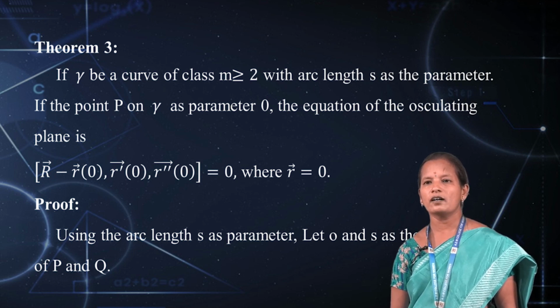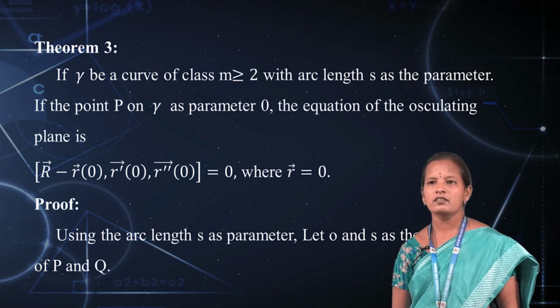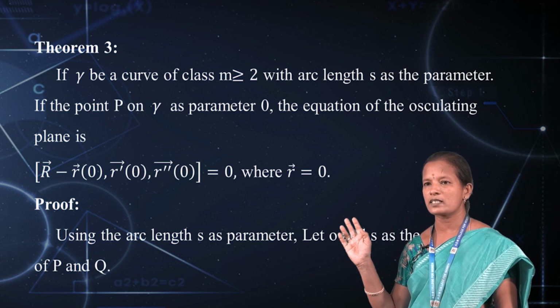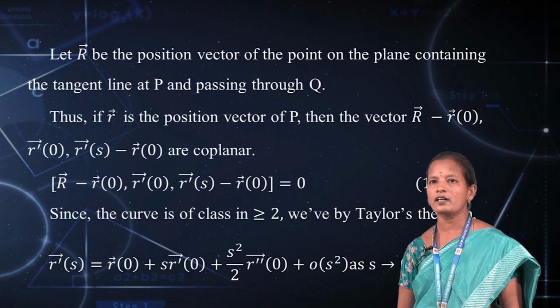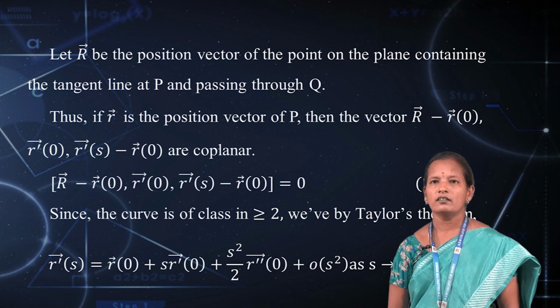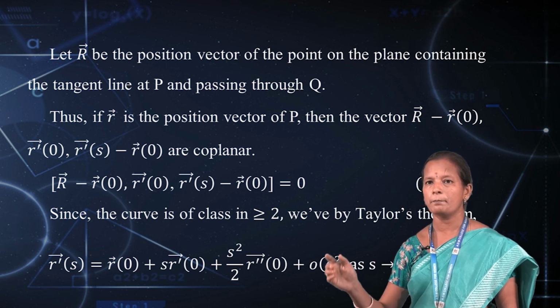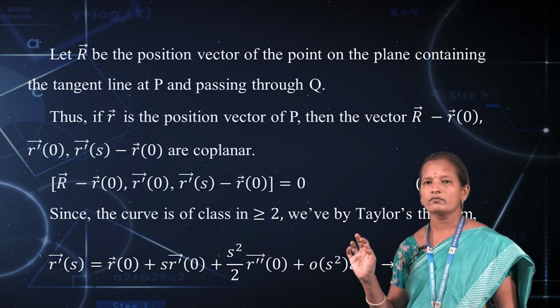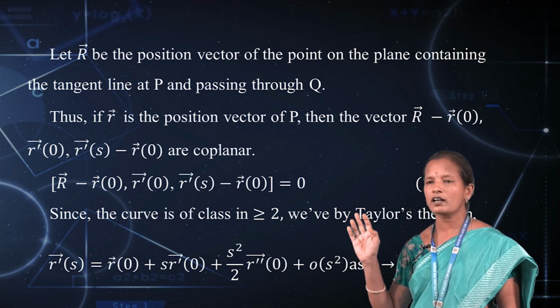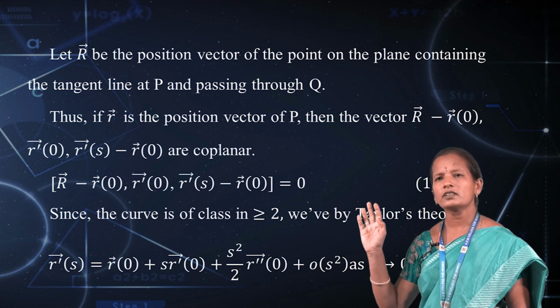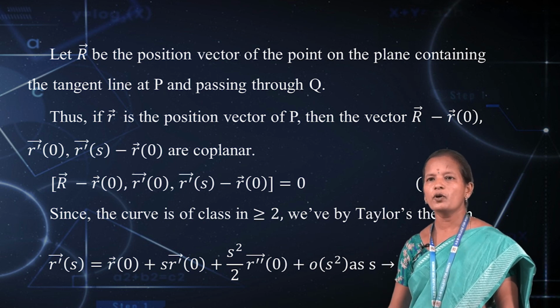Proof. Using the arc length s as parameter, let 0 and s be the parameters of P and Q. Let capital R vector, as you already know, be the position vector of a point on the plane containing the tangent line at P and passing through Q. Thus, if small r vector is the position vector of P, then the vectors R minus r of 0, r dash of 0, and r of s minus r of 0 are coplanar.